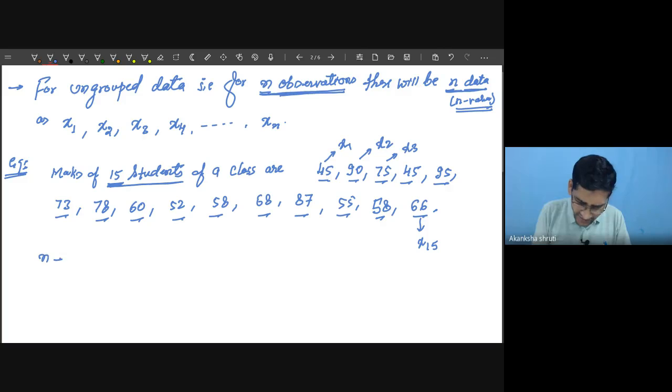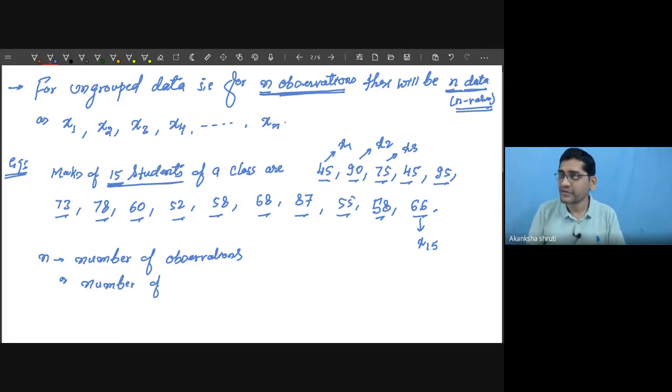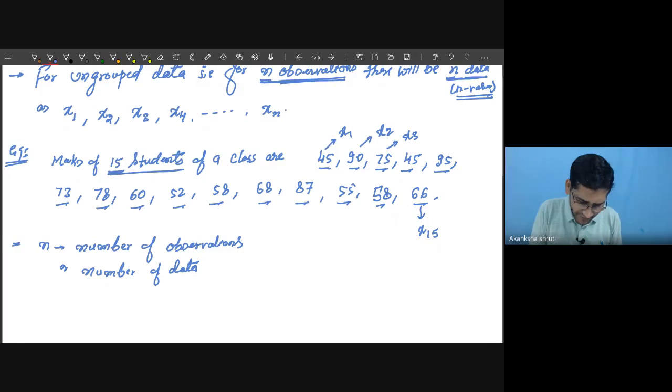Right here, n represents the number of observations, or number of data, when the data are in ungrouped form. But what are the values of that data? That is another thing that you need to keep in mind.